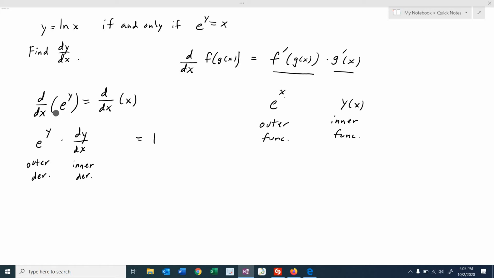So the derivative of e to the y with respect to x using the chain rule is simply e to the y times dy dx, and that's supposed to equal 1. Now we just solve for dy dx by dividing by e to the y. That leaves us with dy dx is equal to 1 over e to the y.